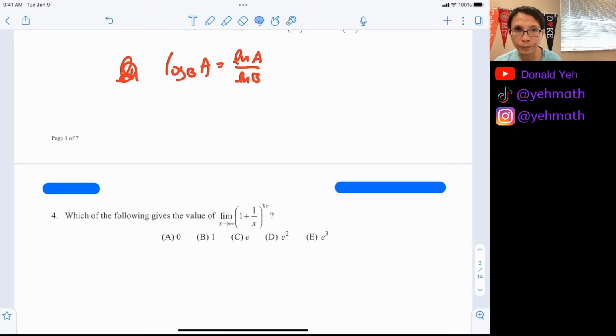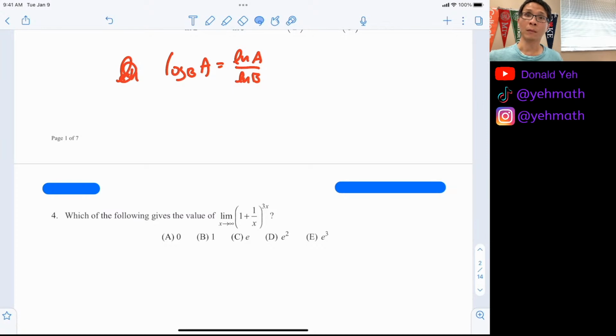Look at that, 1 over 3. That's crazy. Then you divide it.